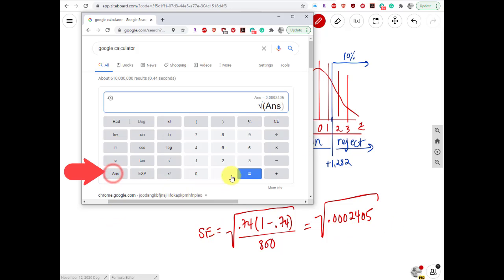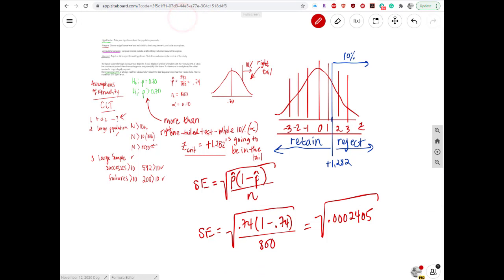I can just hit answer and it helps me avoid putting in extra stuff. So that is going to be my standard error, and my standard error is 0.01550. Fantastic.